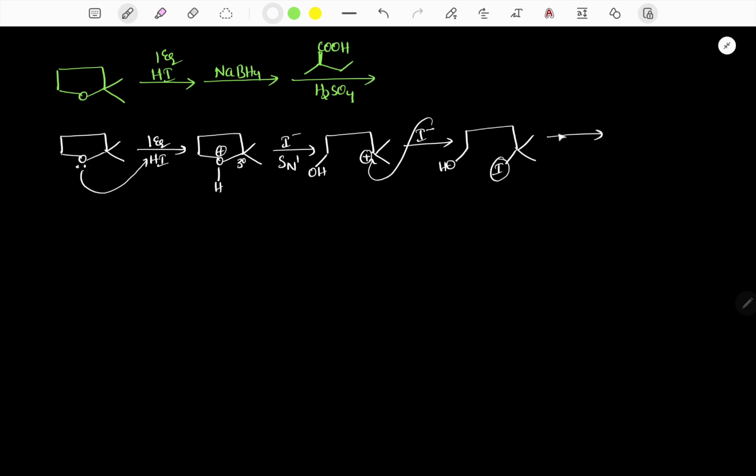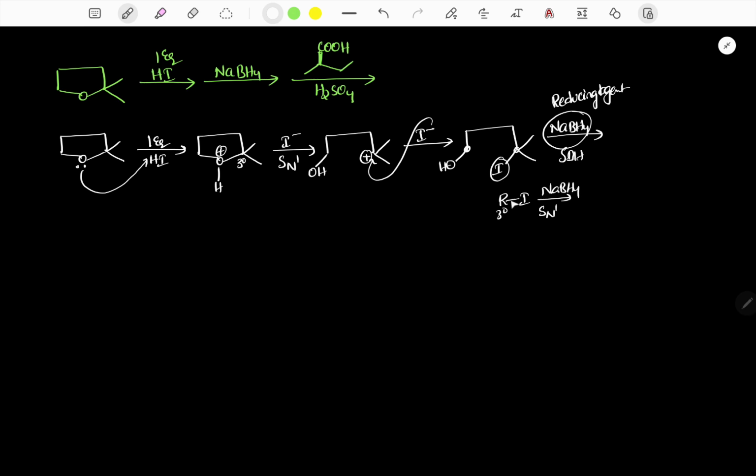Now it is treated with the reducing agent NaBH4, sodium borohydride. We know that alcohol does not undergo reduction, but an alkyl iodide when treated with NaBH4 undergoes an SN1 reaction.